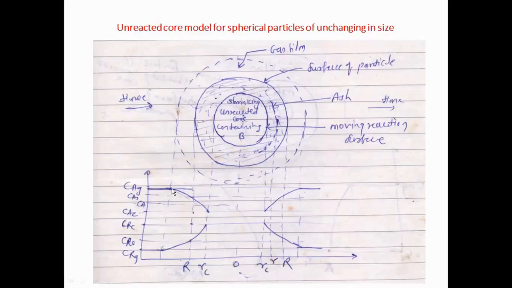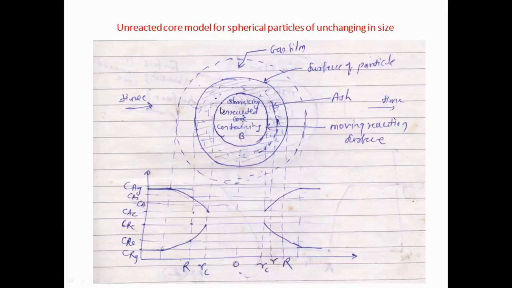Here the gas film is formed on the surface of the solid, and A diffuses through this gas film. The concentration of A measured on the surface of the particle is CAS, the concentration of A on the surface of the solid.